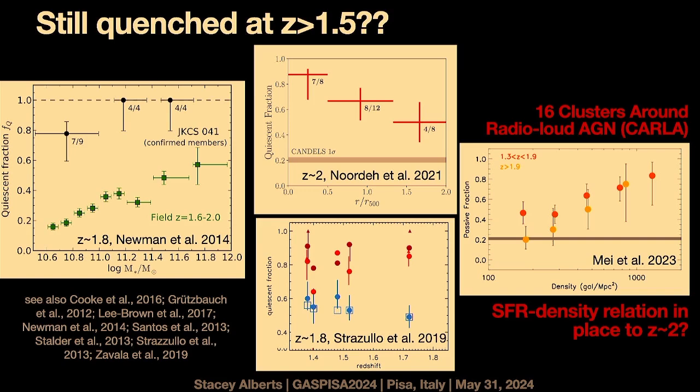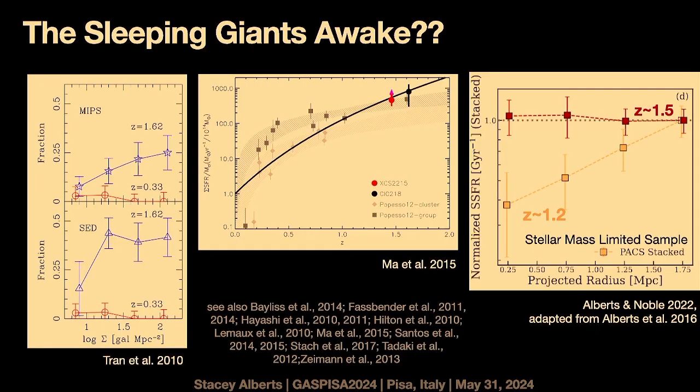And so you look at these and you say, oh, the clusters are pretty well quenched, particularly at the massive end, so we still see the star formation rate density relation even at these higher redshifts. But that doesn't seem to be universally true. If you fold infrared observations in and look at high redshift clusters, you start to see evidence that we aren't dominated by quenched populations.